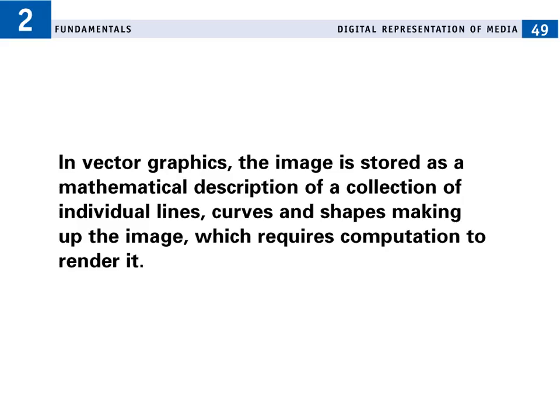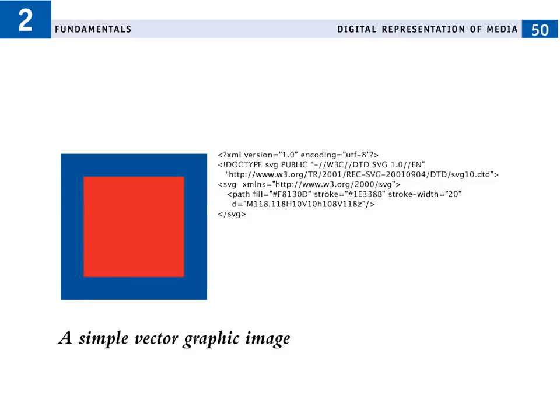And how about the vector? For vector graphics, the image is stored by using lines or curve shapes to make up the image. For example, here we use two rectangles, the red rectangle and the purple rectangle, to describe the image.